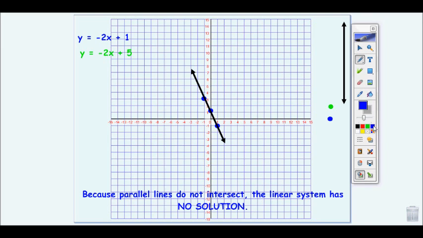So let me go ahead and label my points there. Our first point was our y-intercept, and that was at 0, 1. My next point, I applied the slope going down 2 over 1, and then if I label that, it would be 1 for the x and -1 for the y.